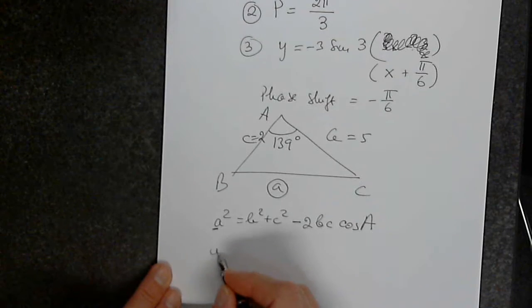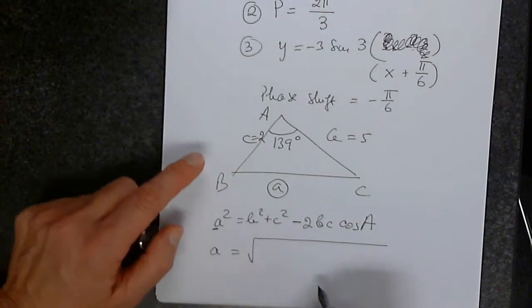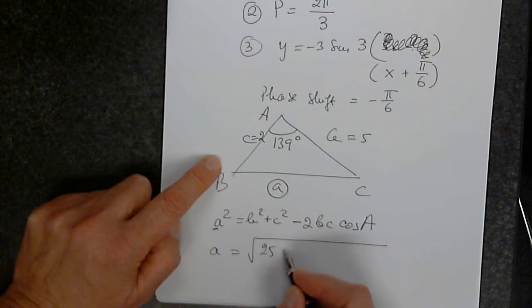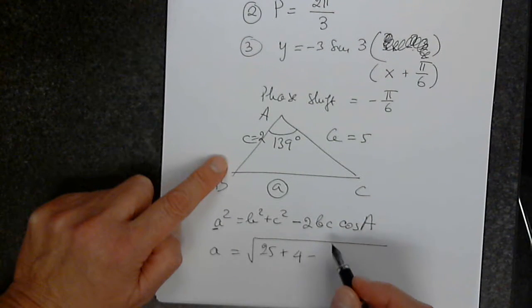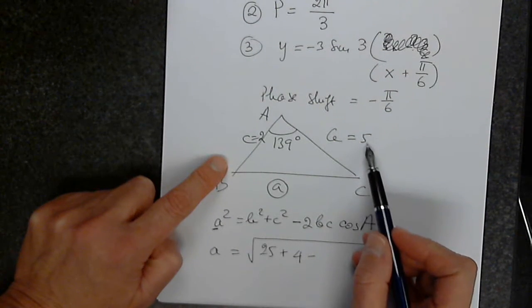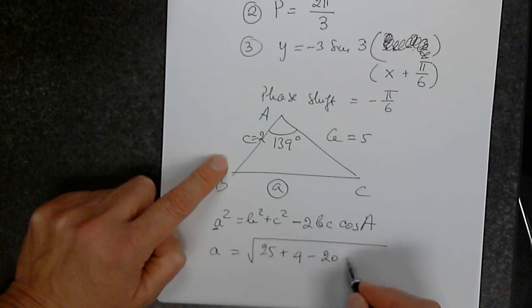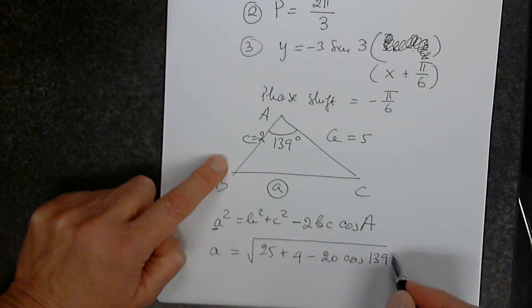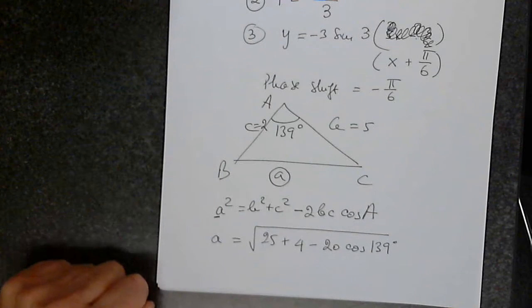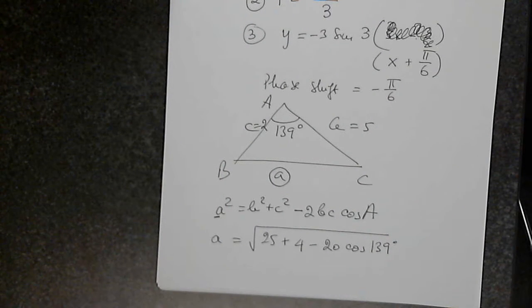And now I can plug everything in. I take the square root from both sides. And I have b squared, which is 25, c squared, which is 4, minus 2 times 5 is 10, times 2 is 20, and cosine 139 degrees. And I have my solutions right here. I got 6.64.